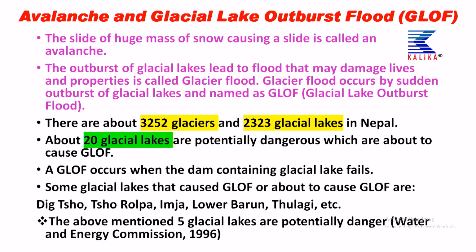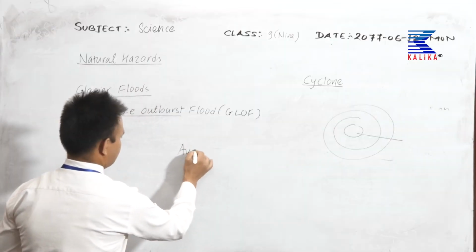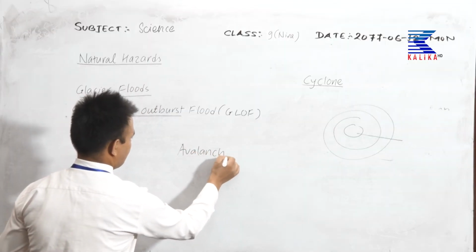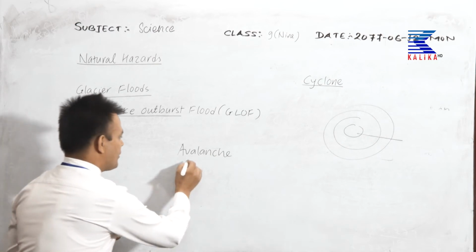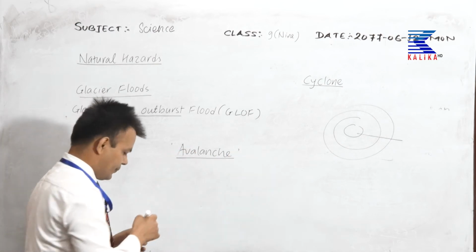Let's talk about avalanche and glacial lake outburst floods, that we say GLOF. So this is the GLOF, and I would like to talk about avalanche first. What is an avalanche?